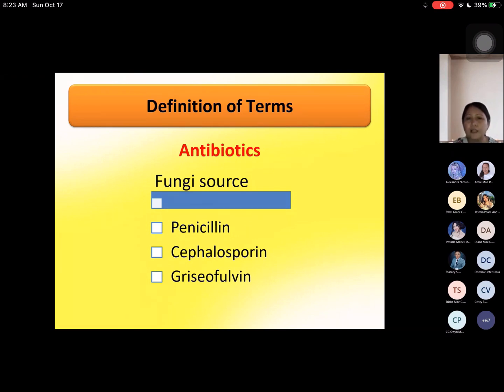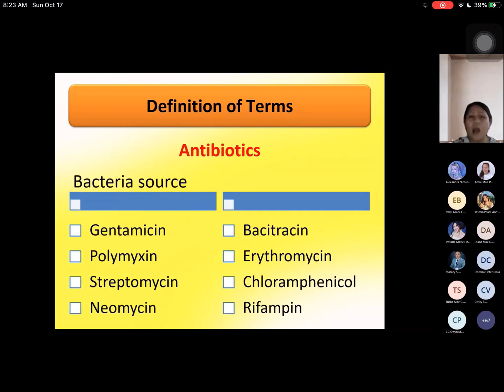These are all fungal sources. How about for bacterial sources, or those derived from bacteria? We have gentamicin, polymyxin, streptomycin, neomycin, bacitracin, erythromycin, chloramphenicol, and rifampicin. So these are all bacterial sources.